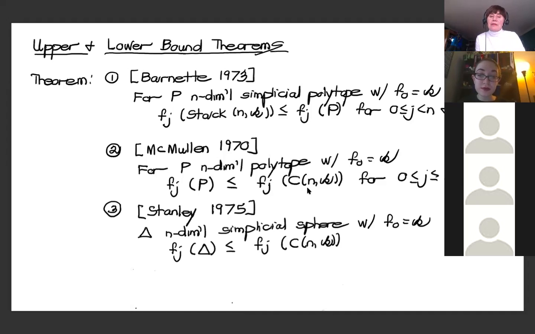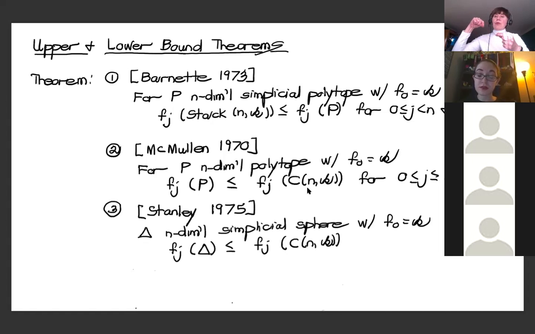McMullen showed, as an upper bound, that if you're given an n-dimensional polytope with K vertices, you can maximize the F vector entries with something called the cyclic polytope. What this is: you have something called the moment curve, the curve with entries t, t squared, t to the third, up to t to the n.